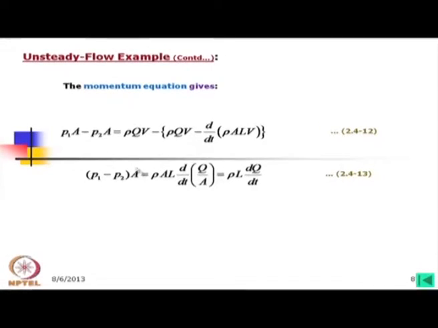This means that the net force available due to this flow is mass density into length into time rate of change of flow. This q is flow rate. So, this is time rate of change of flow rate. So, final equation is coming P 1 minus P 2 equals rho L dq by dt.